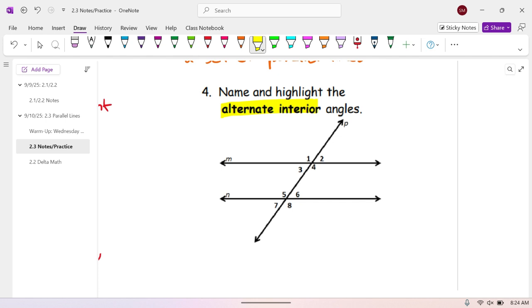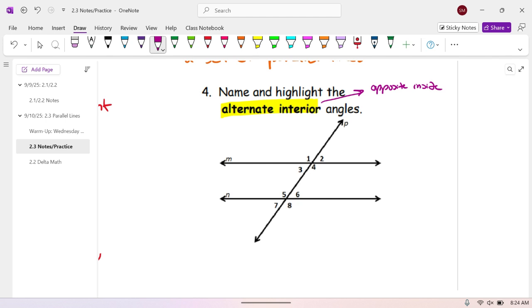So this literally means opposite inside angles. That means these are inside or within the parallel lines. In other words, they're between them. There are 4 angles here that are inside the parallel lines.